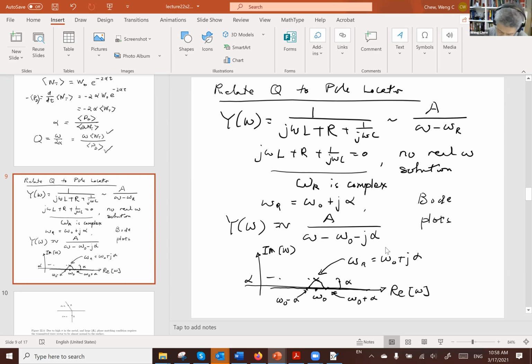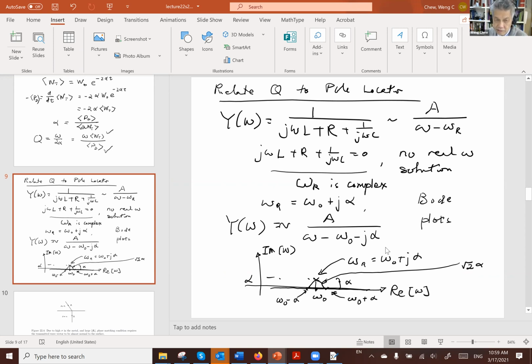You can easily show by using your Bode plot advantage that this distance here is root 2 alpha when this distance here is alpha. And because of that, when omega is omega naught plus alpha, this peak will diminish to 1 over square root 2 of its peak value.